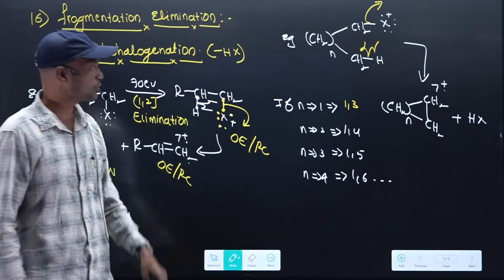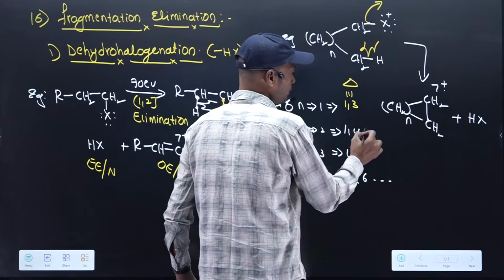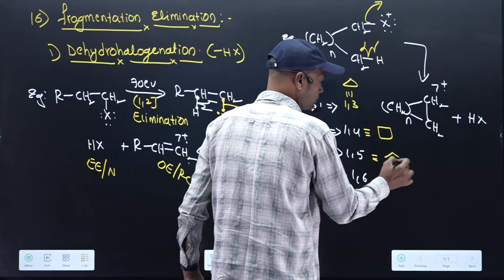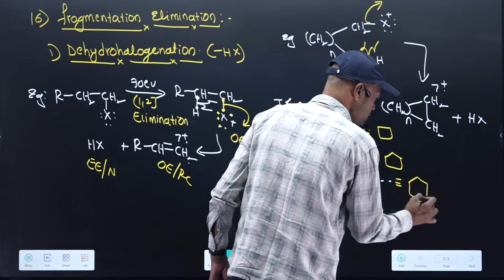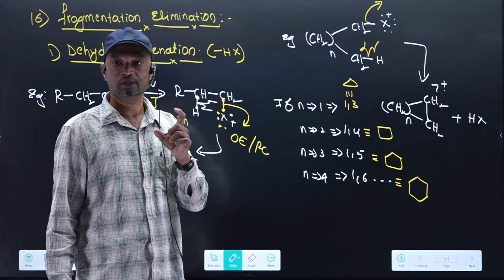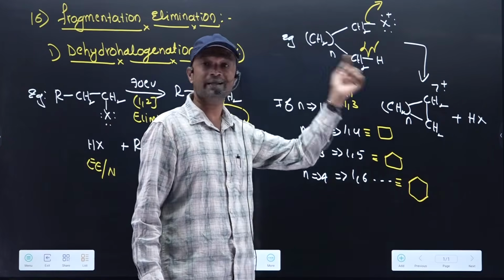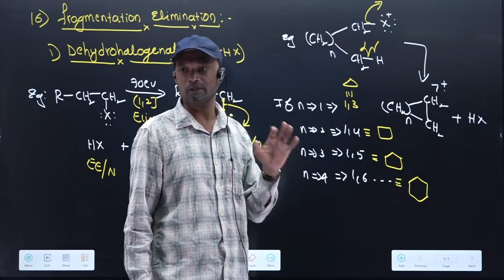Every time, which membered ring are we getting? 1,3 elimination means how many members in the ring? Three-membered. 1,4 elimination means four-membered. 1,5 elimination, five-membered. Then 1,6, that is six-membered. Whenever you remove halogen from haloalkanes, there is a possibility of forming a ring. That is called cyclization.